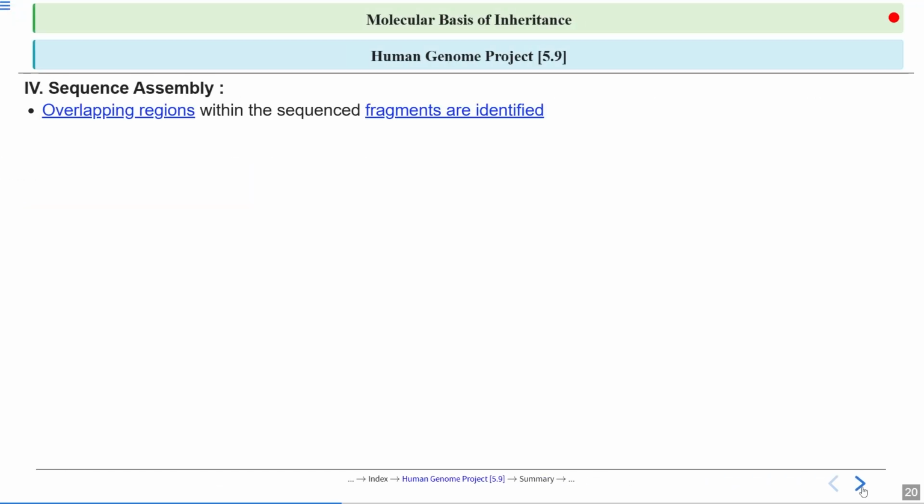Then sequence assembly. Now, how will the sequence assembly happen? One thing I have to add, which I haven't added in the previous slide: in modern Sanger sequencing, people often use ddNTPs that are fluorescently labeled, meaning they have a fluorescent label.